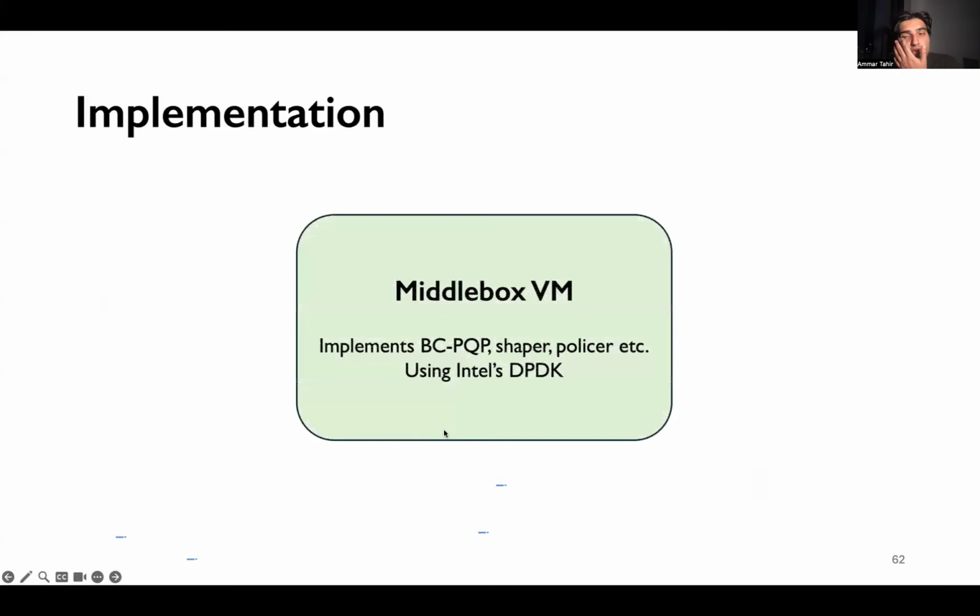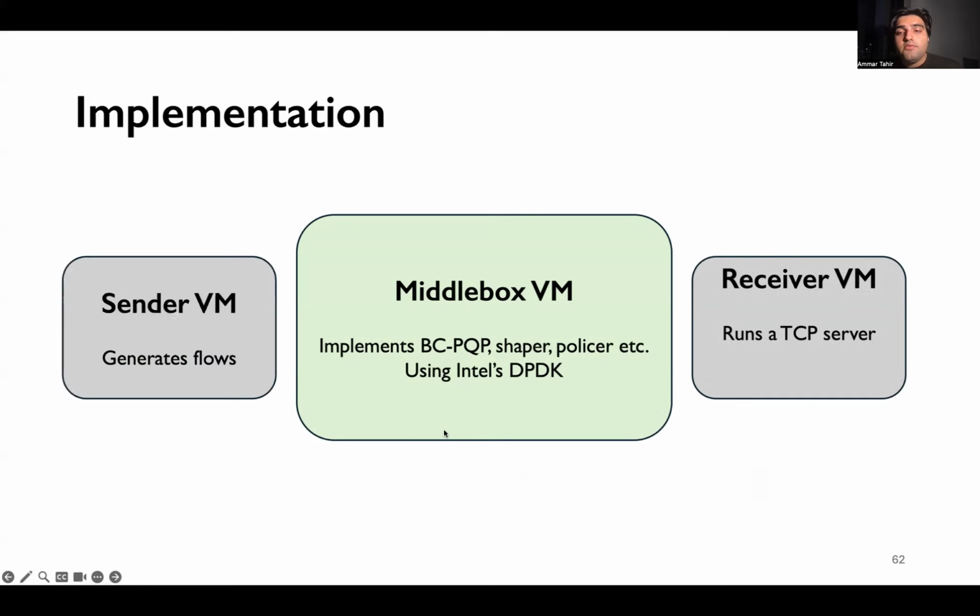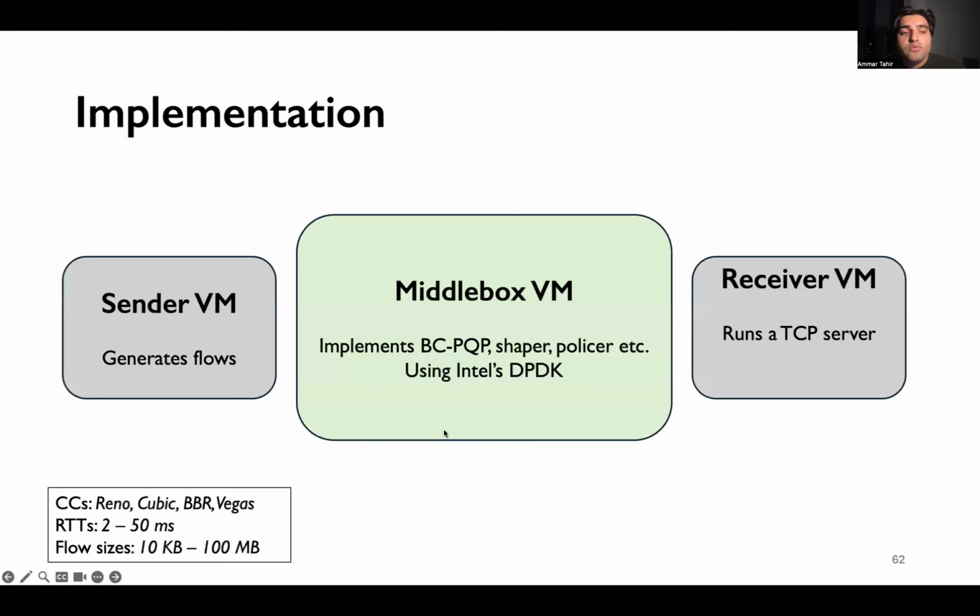We implement BCPQP along with other baselines on Azure VM using Intel's DPDK. We run two more VMs, one running a TCP server, and the second one generating flows which are routed through the middlebox VM. We use Reno, Cubic, BBR, and Vegas as congestion control protocols for the flow. We also induce RTTs between 2 milliseconds and 50 milliseconds for these flows.